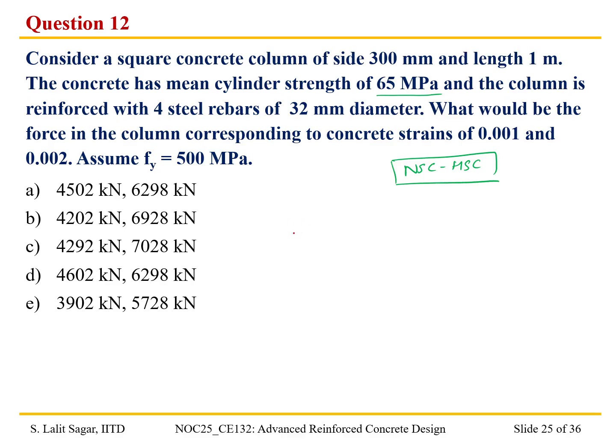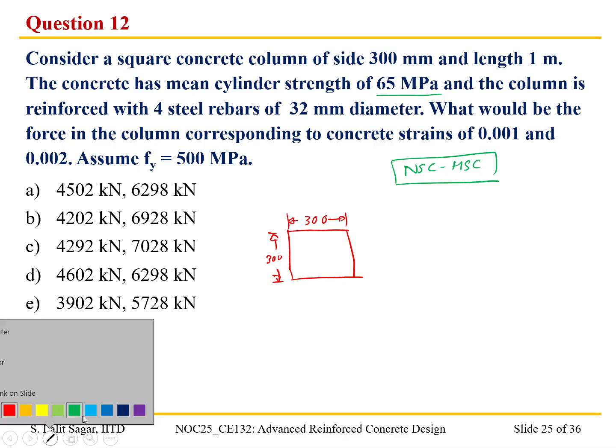So we have the square concrete column, 300 millimeter by 300 millimeter, the same dimensions. And it is reinforced using 4 rebars, right? Having a diameter of 32 millimeter. 32 millimeter rebars.